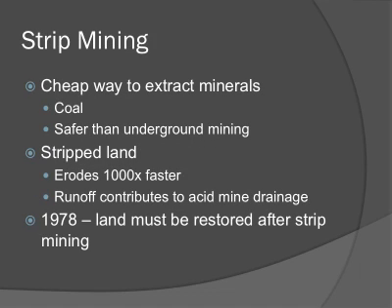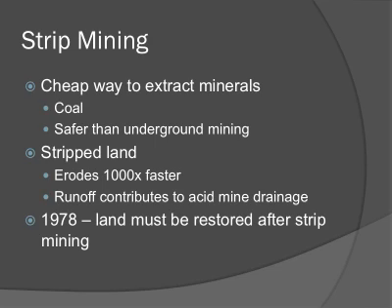Another type of waste is something called strip mining, and this is a cheap way to extract minerals like coal from land. This is much safer than underground mining because you don't have to worry about the cave-ins. However, basically what they do is they just take away all the topsoil and they put it to the side.